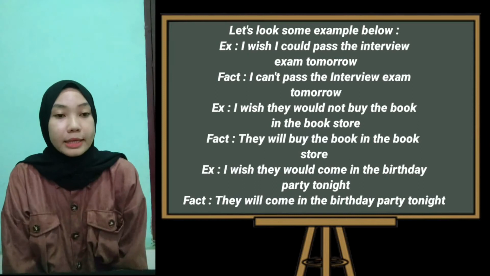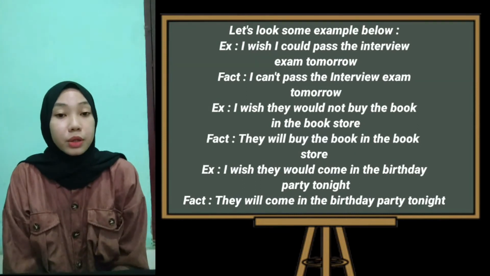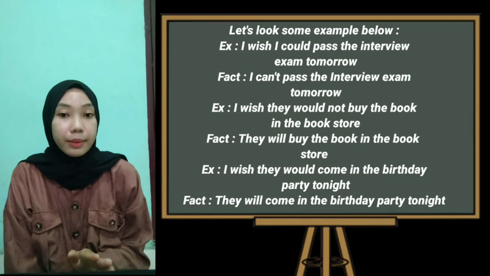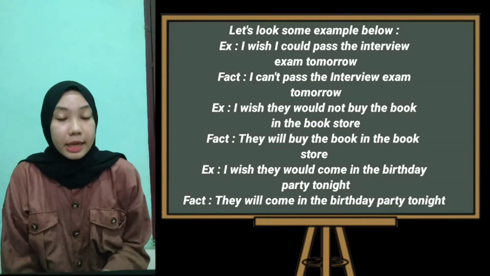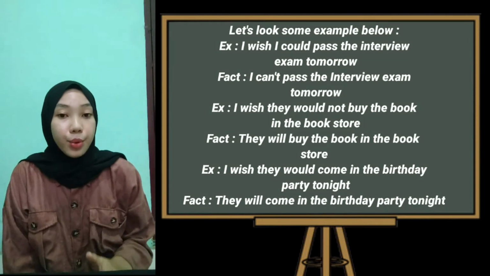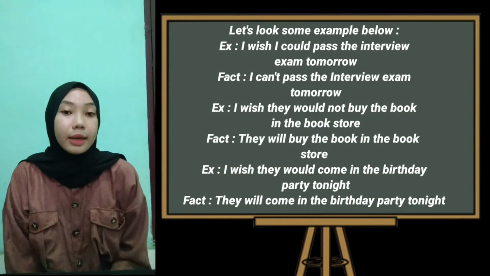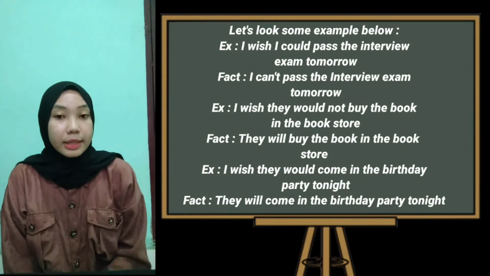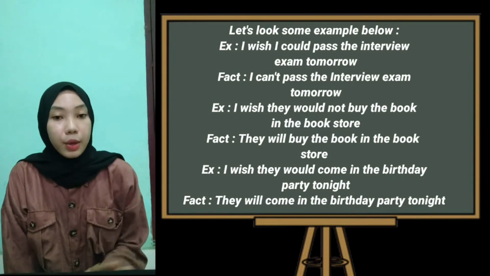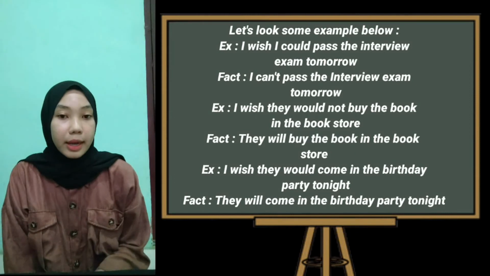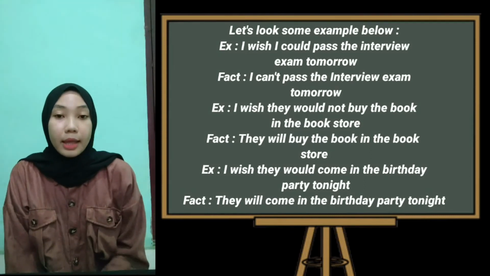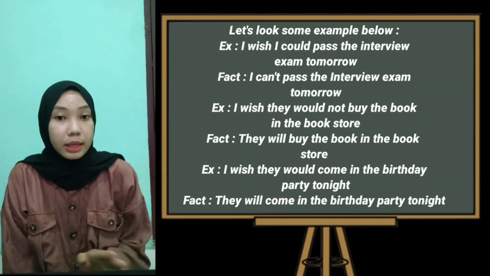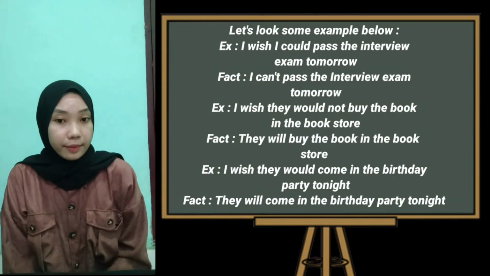Number two is: I wish they would not buy the book in the bookstore, but the fact is they will buy the book in the bookstore. The third example is: I wish they would come to the birthday party tonight, but the fact is they will not come to the birthday party tonight.